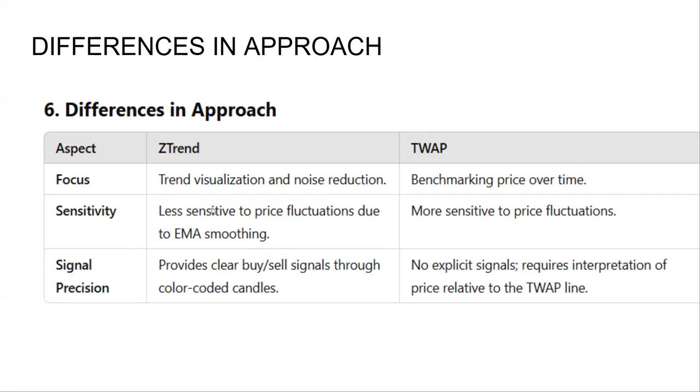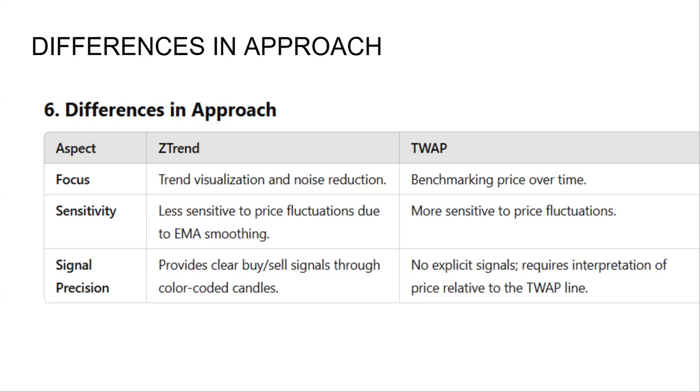In this Z trend calculation, EMA smoothing has been done. I'm not going into the detail of how it is calculated. It is complicated, but if you know how it has been done, that is enough for you. And TWAP is more sensitive to price fluctuation. It fluctuates and plots a line.